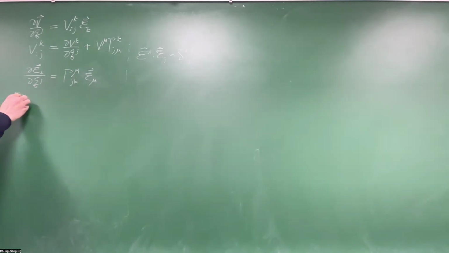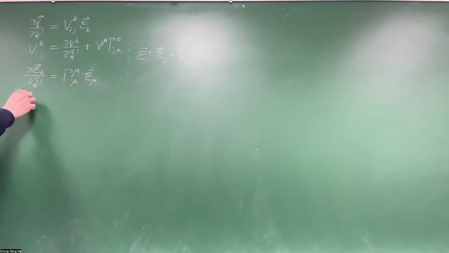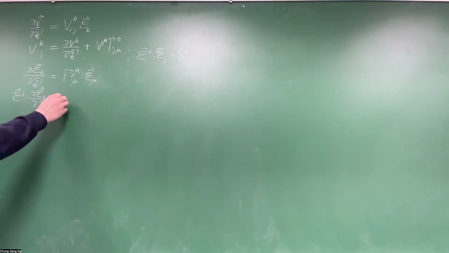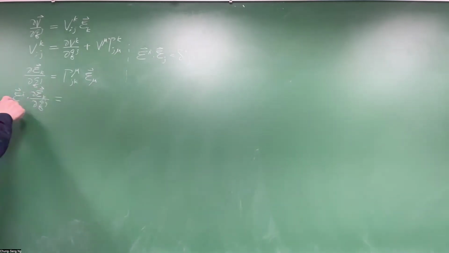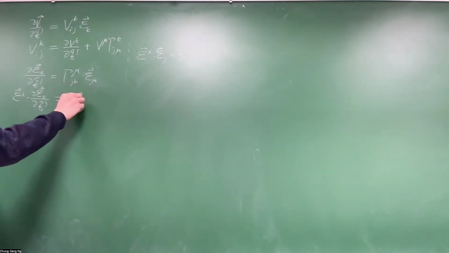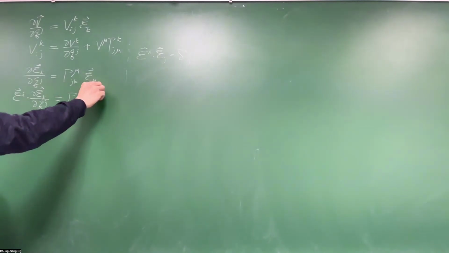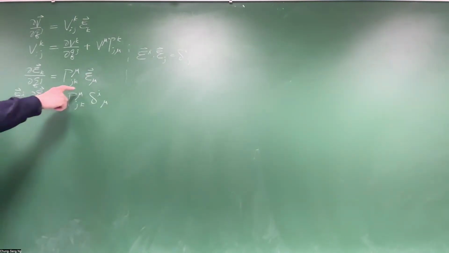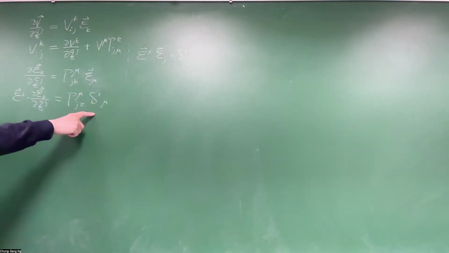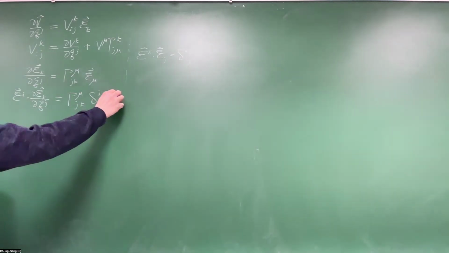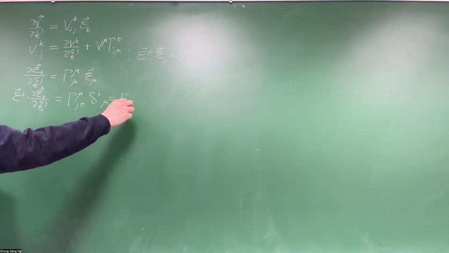We can dot into a contravariant basis epsilon^i, so that this dotted into that, using that relation, would be a Kronecker delta i mu. Now you can sum over mu, and that gives you just one coefficient.